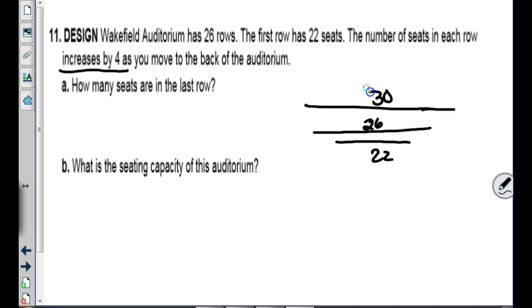Okay. There are 26 rows, so how do we find how many seats in the last row? Yes, term 26. So 22 plus what? Plus 4. And how many times? 26 minus 1 or 25 times? I'm thinking that's 122. Okay.